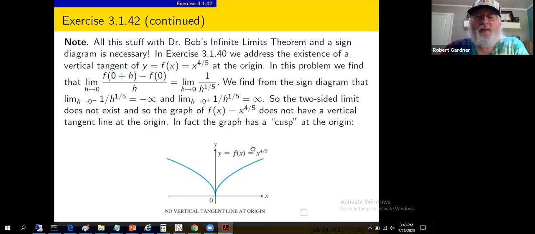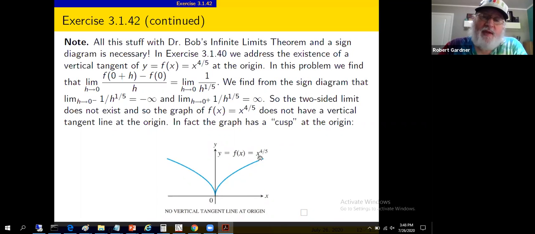But this is a situation, more of this in the future, where the graph is said to have a cusp at the origin. If I were to look at tangent lines, let's take the point 0, 0, and a little point over here, and draw a secant line through this point and the origin, it'd be a line with a negative slope.